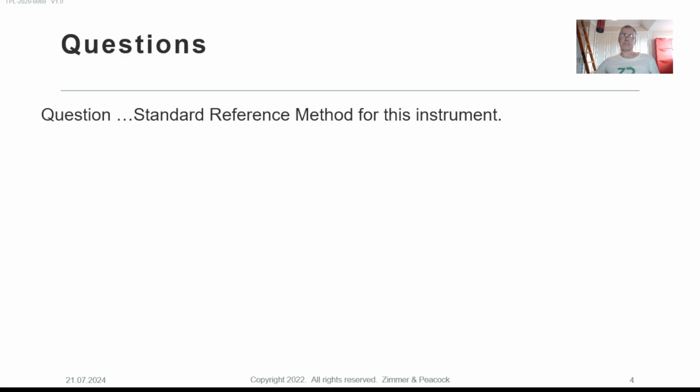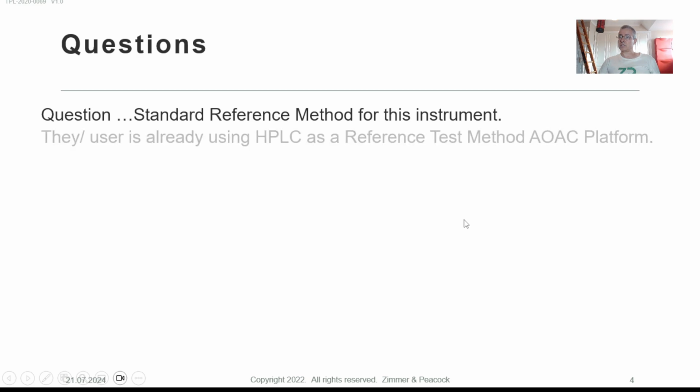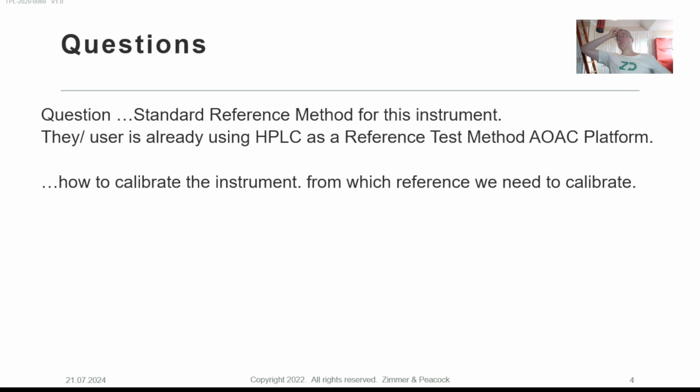Using the AOAC method 995.03. I will talk about that today. So that was one of their questions. In fact, what's happening here is that their potential client is already using the HPLC AOAC method.